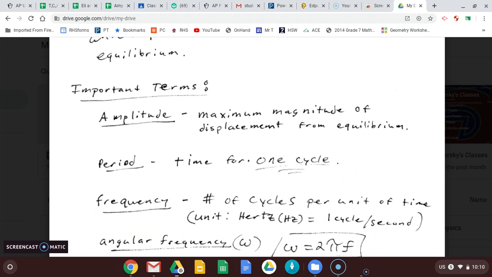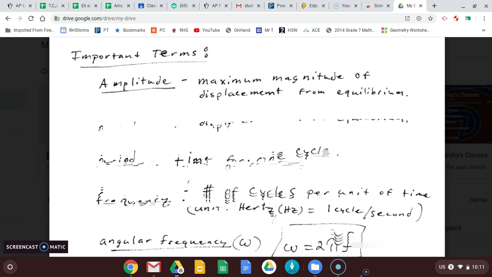So typically, a topic after this one in the general physics curriculum might be jumping right into waves, since it's closely related. If time permits, at the end of this year, we may do some things with waves. Anyways, some important terms you should know are amplitude, which is the maximum magnitude of displacement from equilibrium.